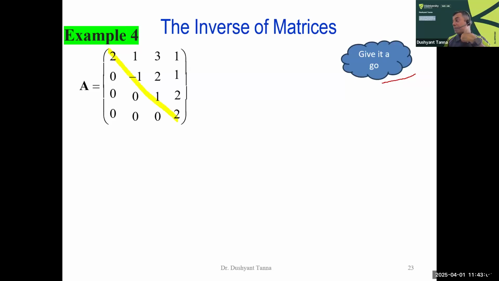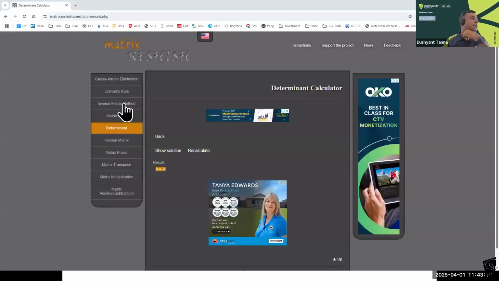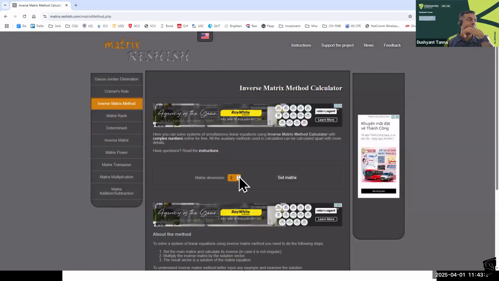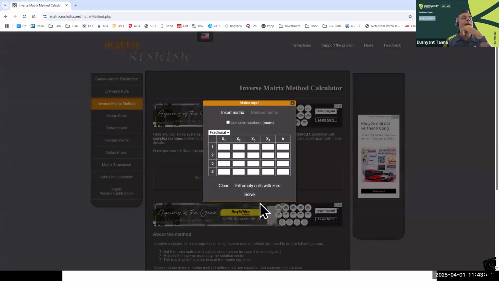There could be some other ways of calculating with the inverse matrix method. Let's say this one. And if I go to matrix transpose, power, inverse matrix, we tried the inverse. There's also matrix addition, subtraction, and multiplication. Use it just to check your answer. There is also Gauss elimination, which we will use a bit later on.